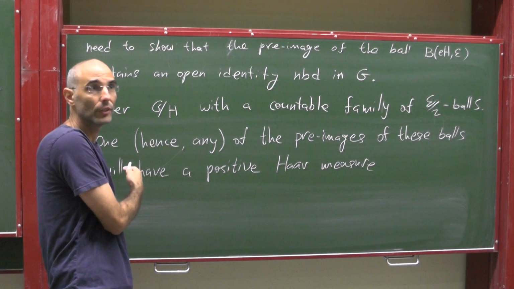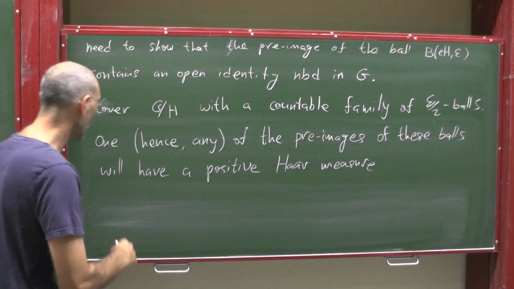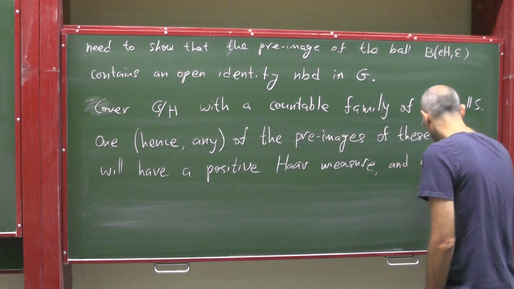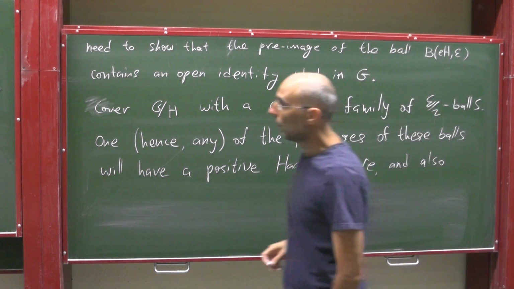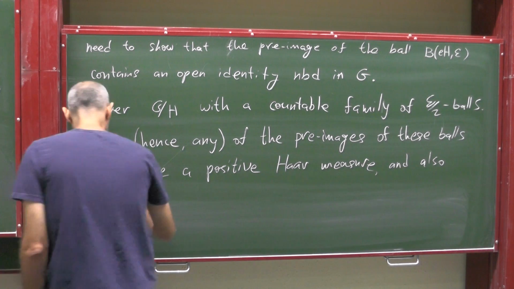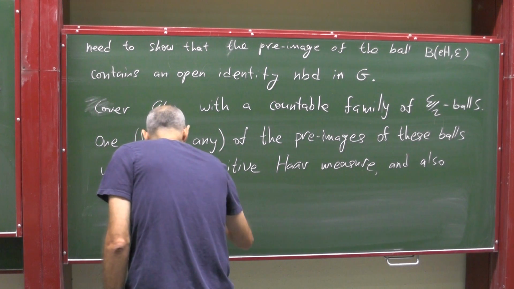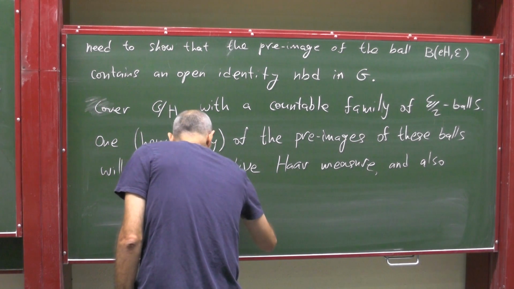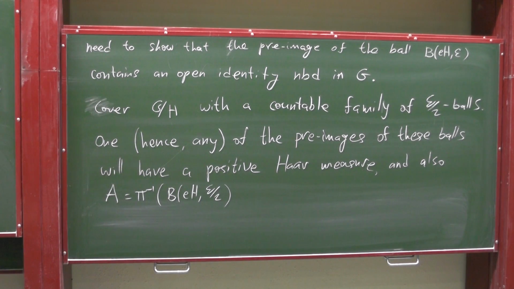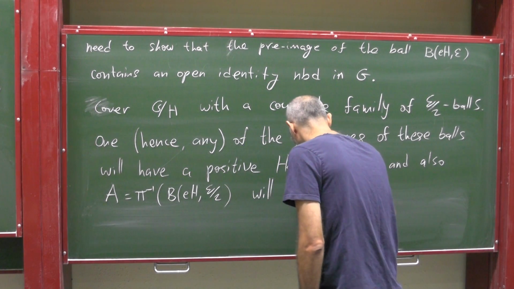So if one has positive measure, then all have positive measure, and in particular, also pi inverse of the ball at the identity, epsilon half. We call this A. Will have positive measure.